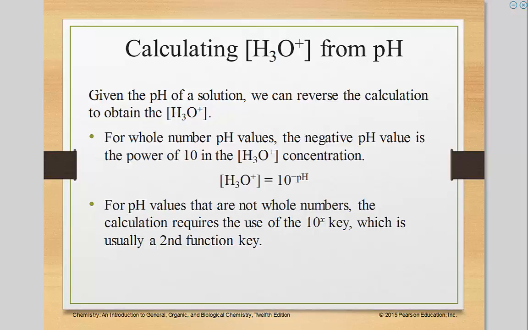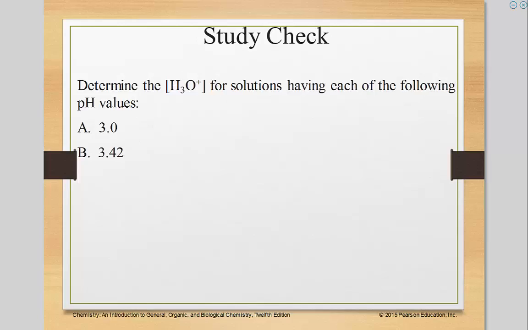So we can actually reverse this by determining the concentration of H3O given the pH. There's actually a button on your calculator, sometimes it's a second function of the log, that says 10 to the x. That is reversing that log function. So to do this, we have 3.0 as the log, as the pH. First thing you want to do is make it negative 3.0, because remember that negative sign of negative log pH, negative log of the H3O concentration.